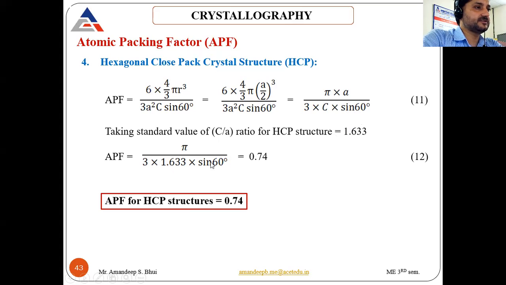If we solve this equation, we get the value of APF for an HCP structure equal to 0.74. So this is how we evaluate the atomic packing factor for a hexagonal close packed structure.